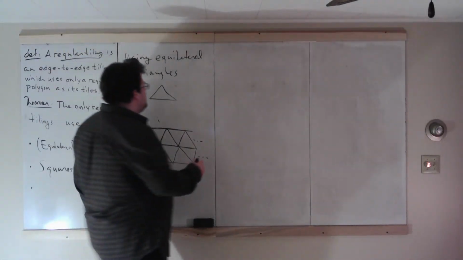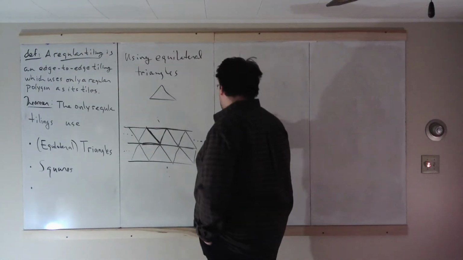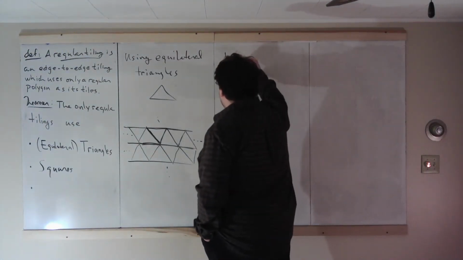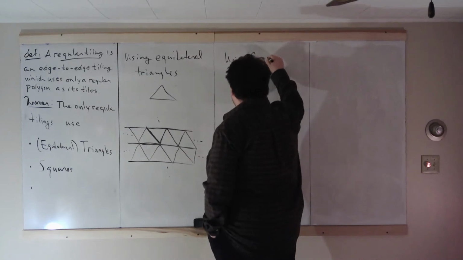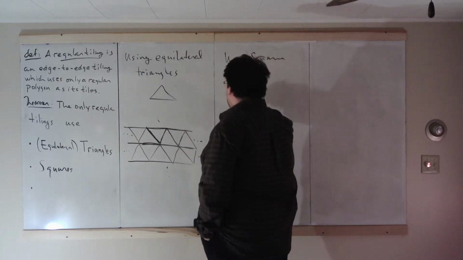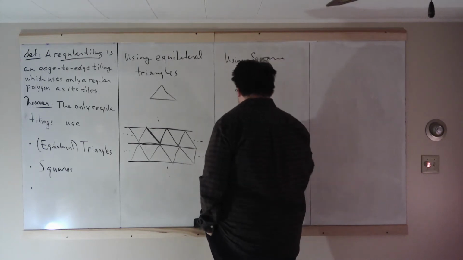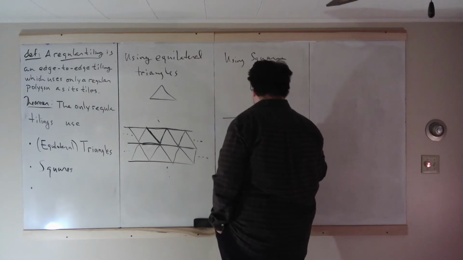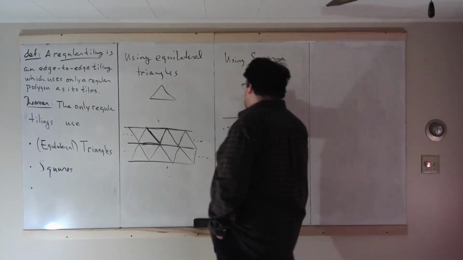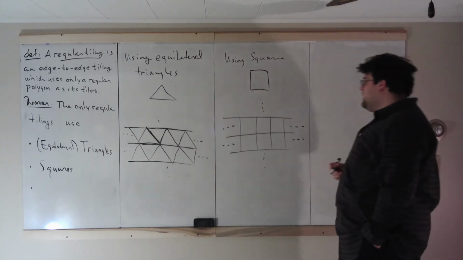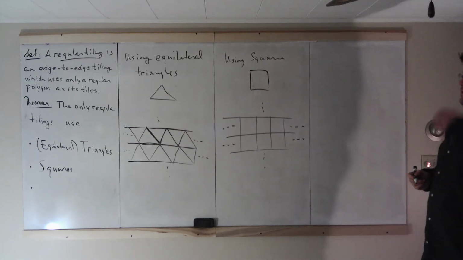Well, we saw using squares what that would look like. So you could just adjust the previous example and say it's squares. So right there, that's what a tiling using squares would look like. What about next?